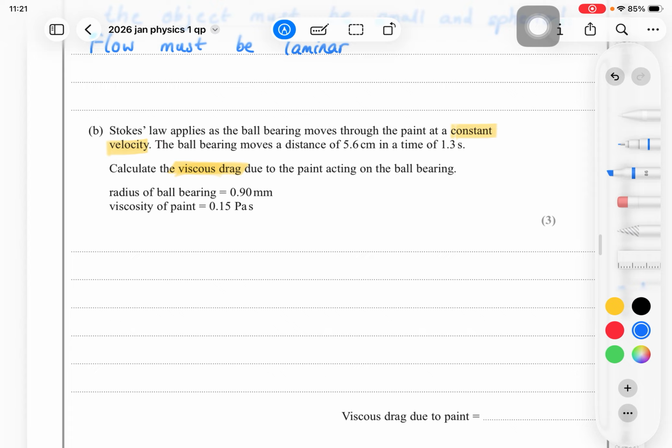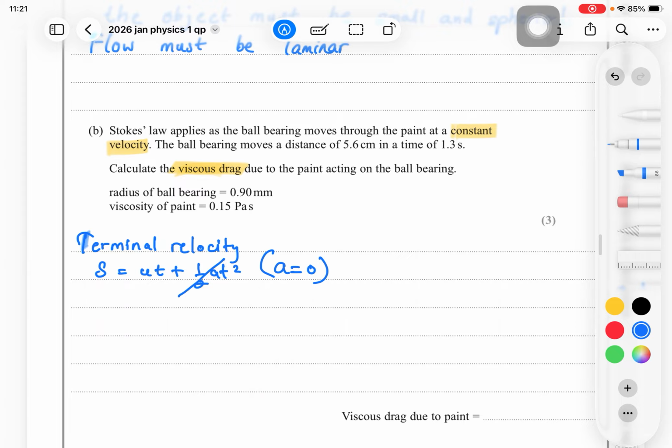First of all, we can find the terminal velocity. To get the terminal velocity, we can use s equals ut plus half at squared. But we know here that a is 0, so this part we can cut off. s equals ut. So u, if we make it the subject, will be s divided by t.